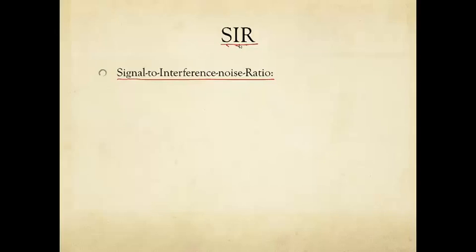Now, what is the signal? I'm not talking about the signal power at the transmitter side. I'm talking about the signal power at the receiver side. So that is the transmit power, which we denote by P sub I, multiplied by the channel, that's the direct channel, getting to the receiver of pair I. That's the received power, divided by the interference collected at the receiver.